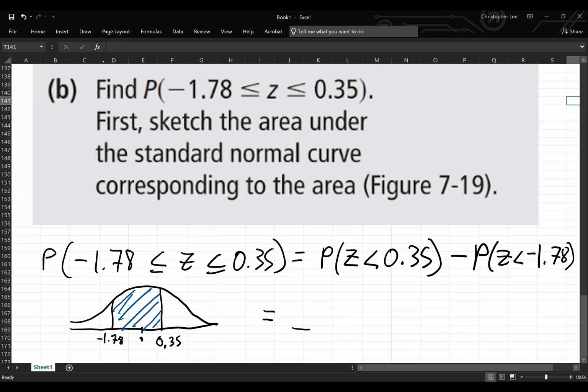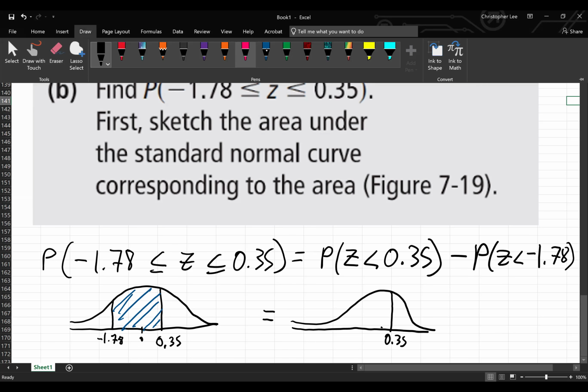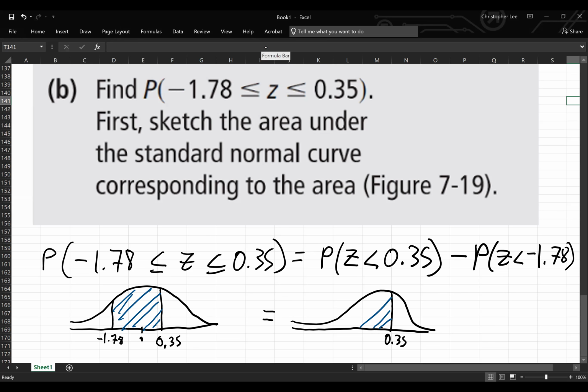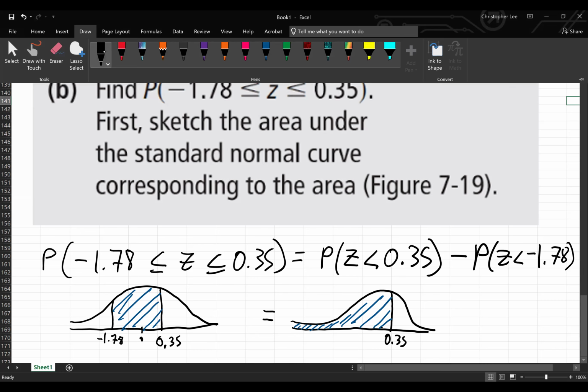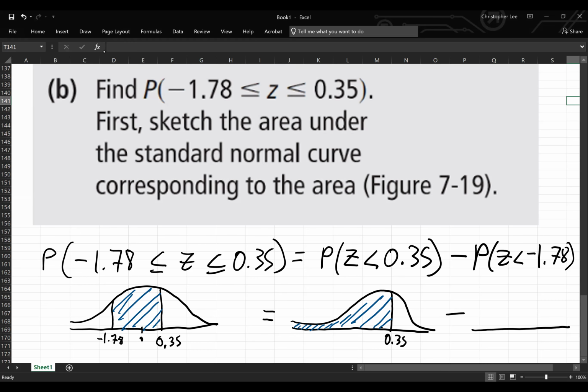So I'm going to take the probability over here, 0.35, which is all of this, and subtract the other area, the negative 1.78.